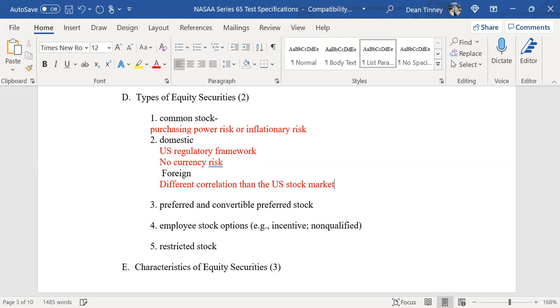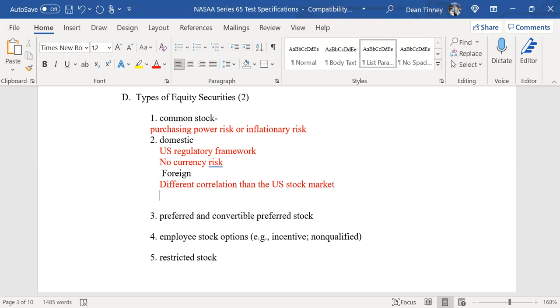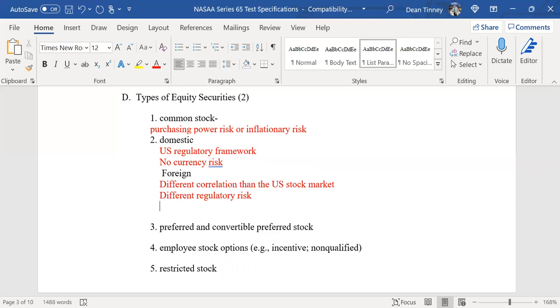And then remember, you have a risk here because there's a different regulatory framework than in the U.S. You're going to have currency risk. Because of the business, if they're conducting the business in euros or yen or whatever the case is, we're going to have to turn those yen or Swiss francs or euros into dollars.